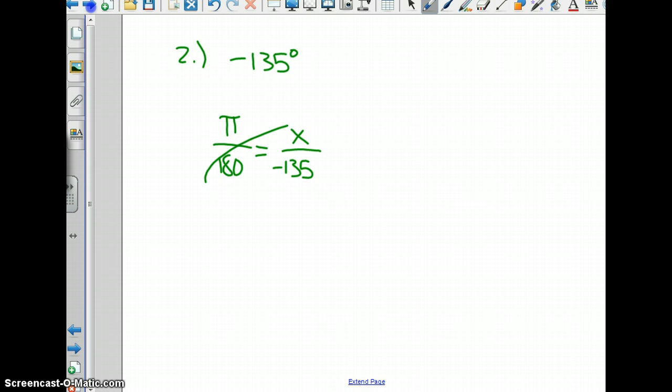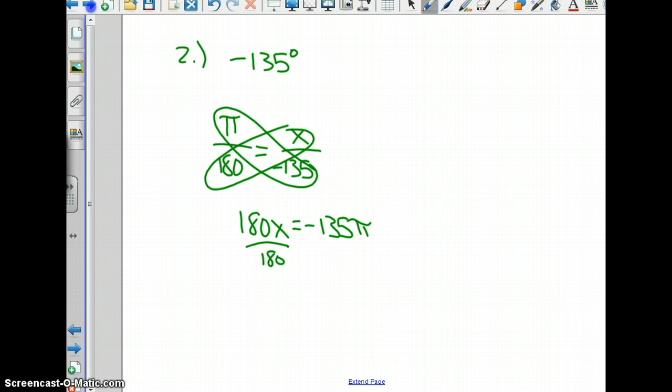Cross multiply again. All right, so if you have 180x equals negative 135 pi. Divide by 180 again, and you have x equals negative 135 pi over 180.